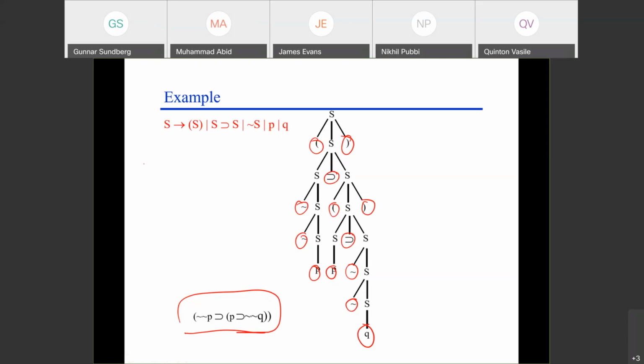But now you understand this is painful when you have no idea which non-terminal to replace. Here, I replace this S with this one, and then I have two S here. So which S should I replace, this one or this one? Sometimes it is very hard to figure out which non-terminal to replace if you have a big grammar.